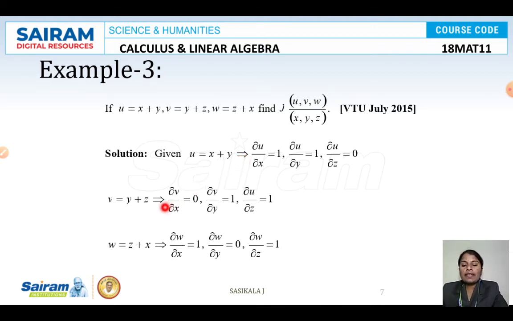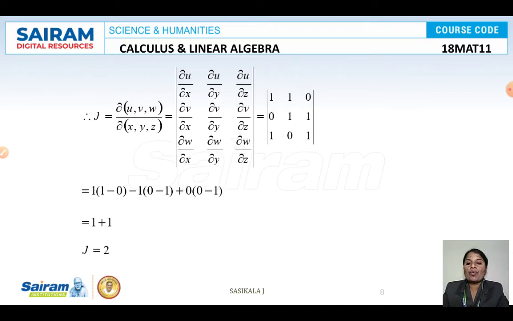And then for your v function, with respect to x it is 0 because there is no x term. With respect to y it will be 1 and with respect to z it will be 1 because there is only one z term, so it will become 1. Similarly, w is z plus x, so dou w by dou x is equal to 1, dou w by dou y is 0 and dou w by dou z is equal to 1.